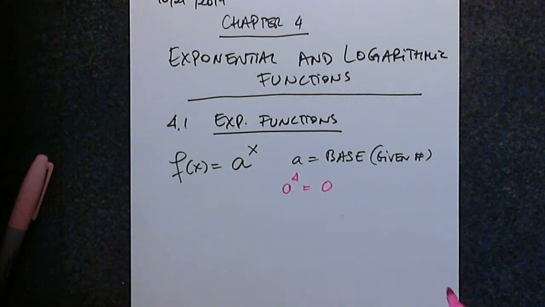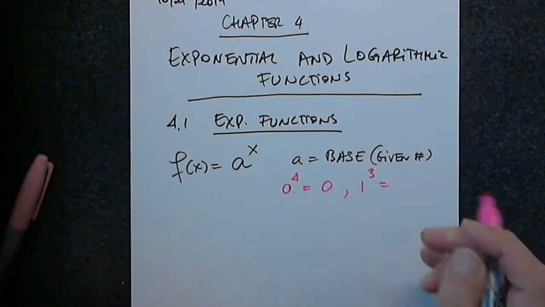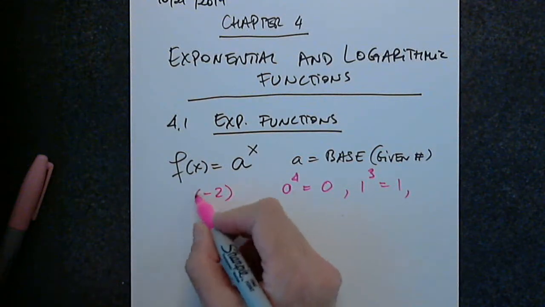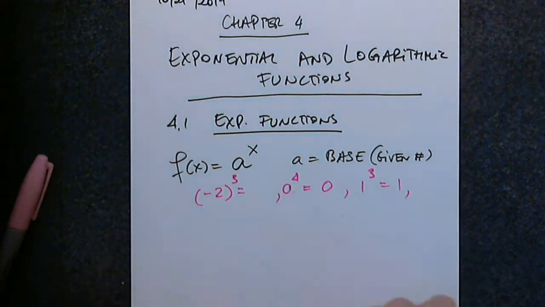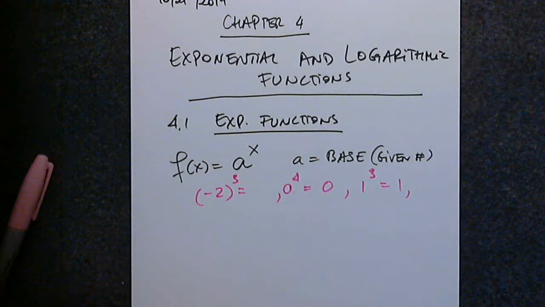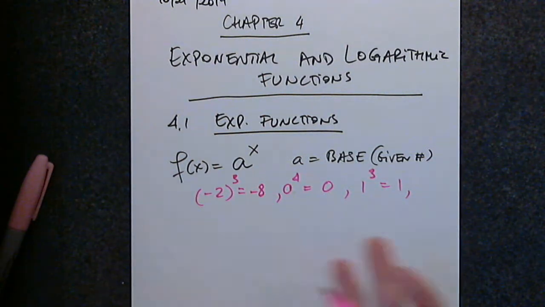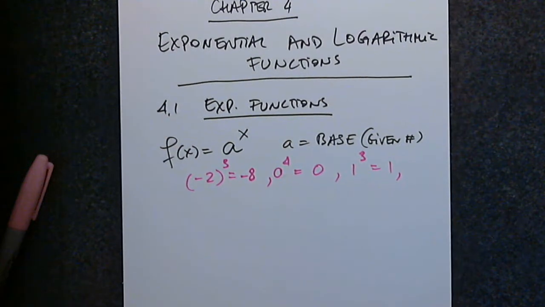What about 1 to the 3rd power? Yes. And what about, let's say, negative 2 to the 3rd power? What do I get? Negative 8. Very good. So all these numbers are fine when it comes to thinking about them, simplifying, whatever.